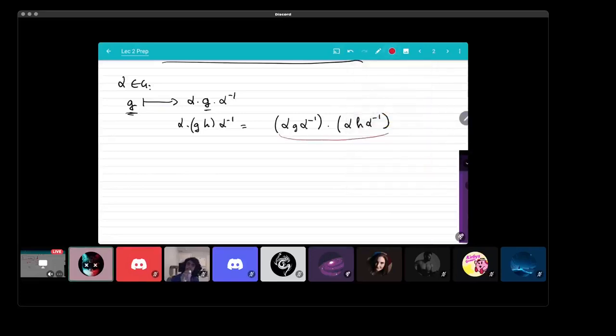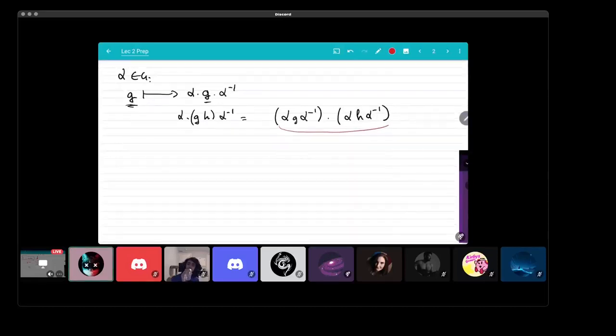But on the right hand side, by associativity, I can remove the parentheses and cancel this out to the identity. So it's a morphism.